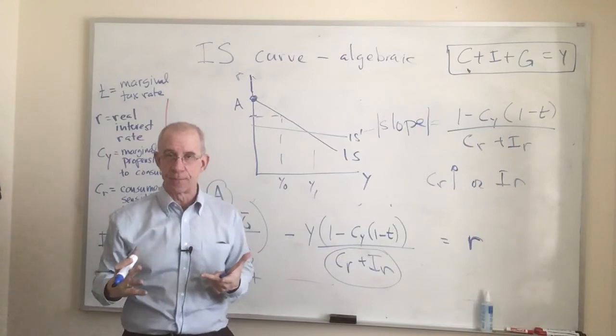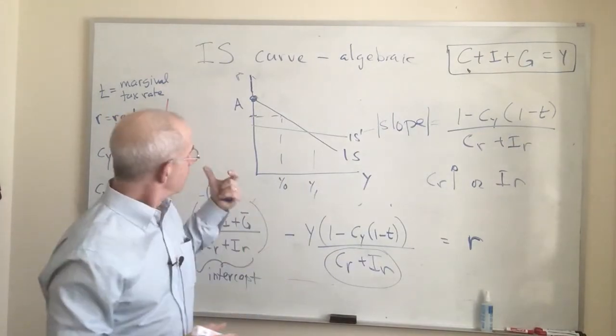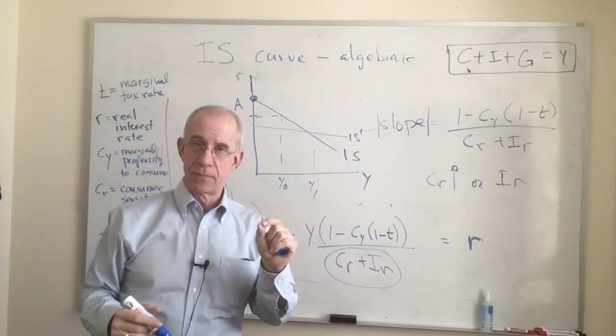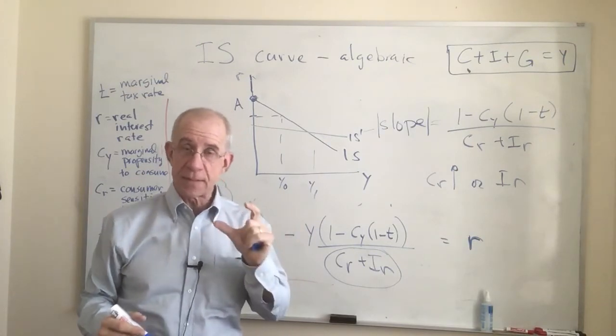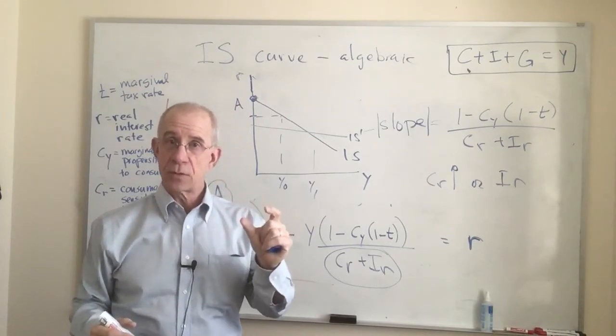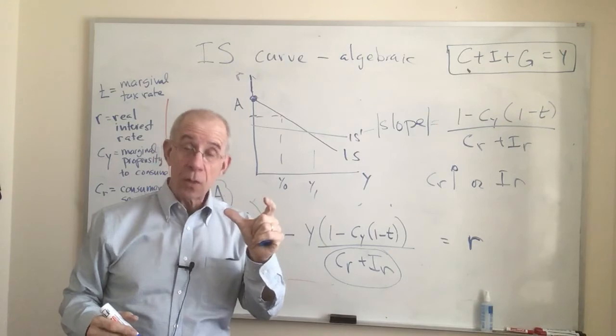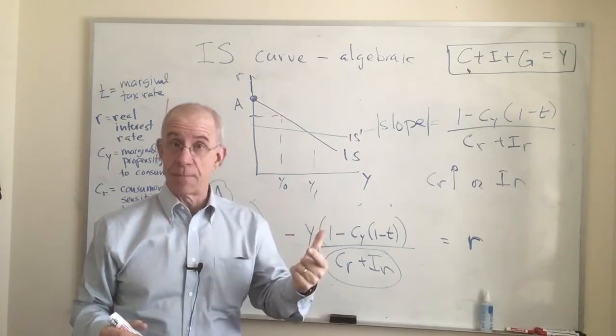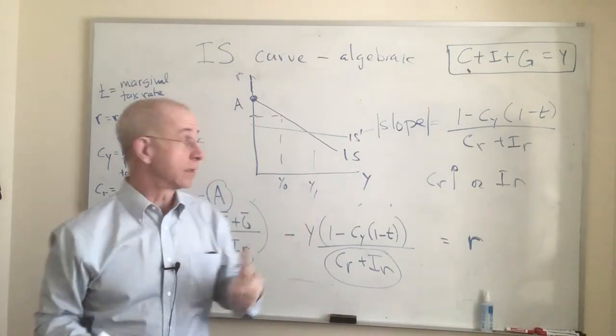Now, what does that mean? Consumers being more sensitive, or investors being more sensitive to the interest rate, means that a small change in the interest rate will have a bigger impact on national income.